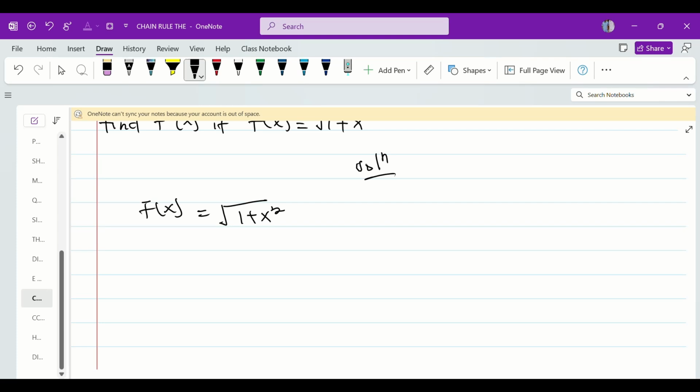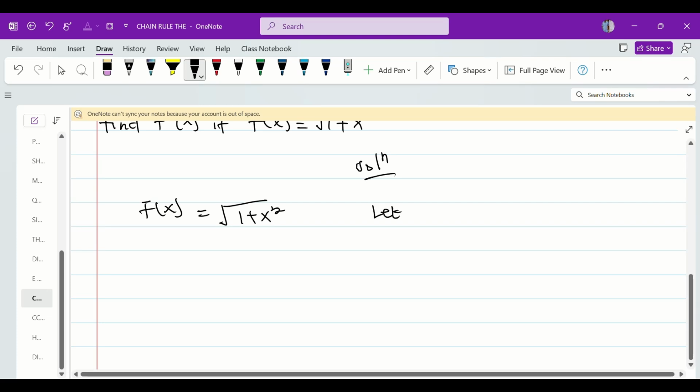So here, let y be equal to f of x, which implies that y is equal to root of 1 plus x squared.